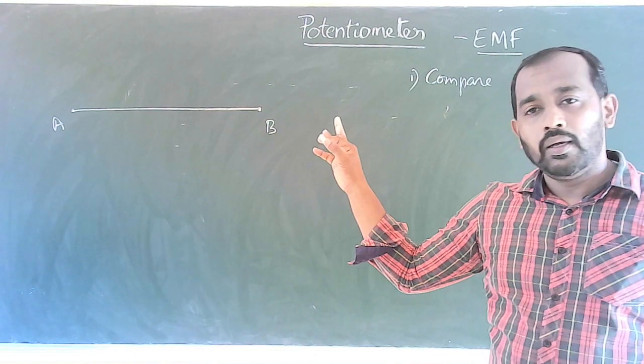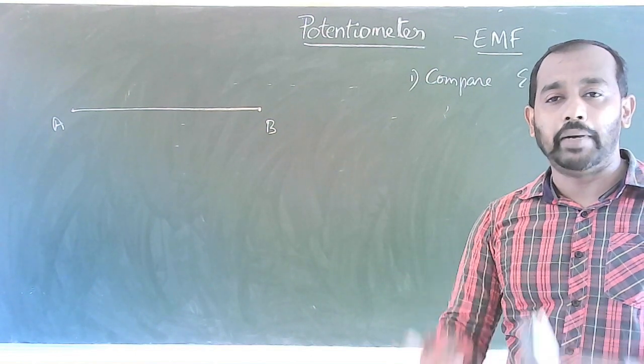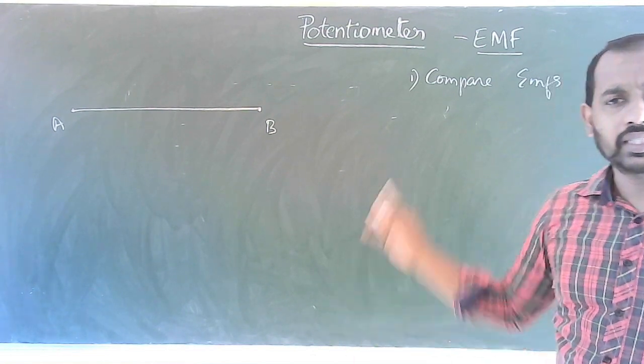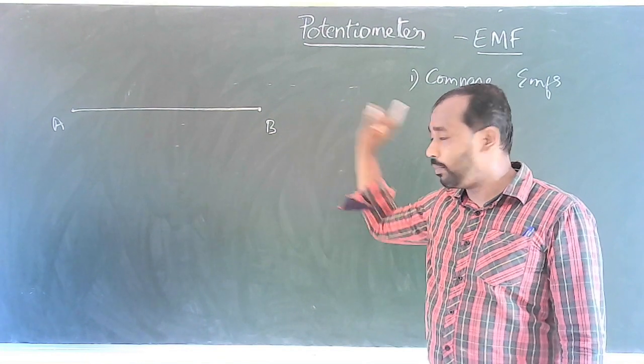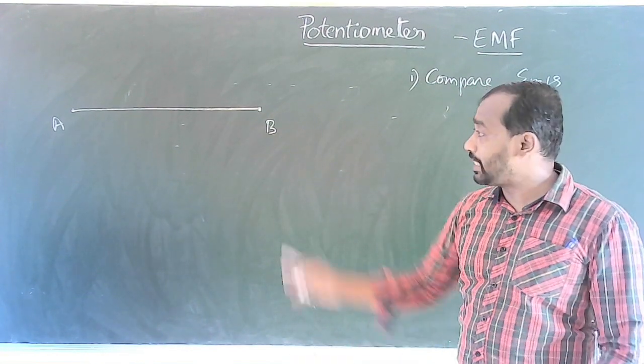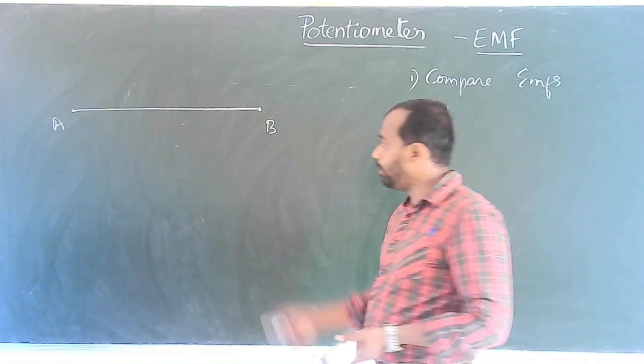Here, in order to operate the potentiometer, we need a battery, which is used only for allowing the current to flow through the potentiometer. That battery is connected between A and B, the two ends of the potentiometer.